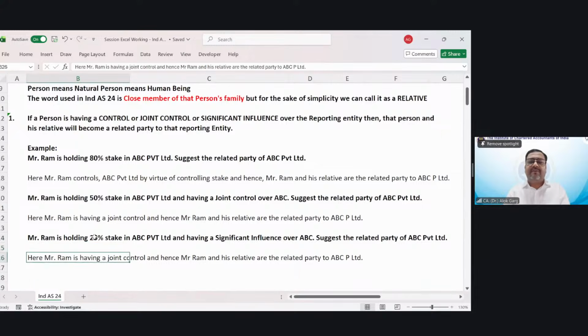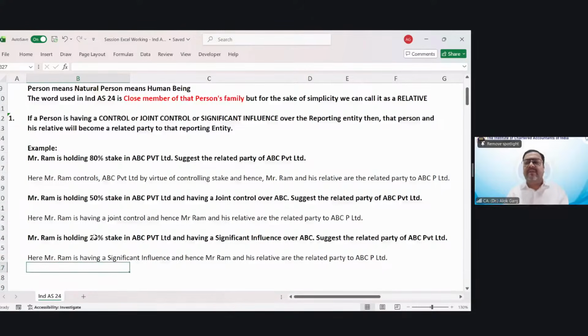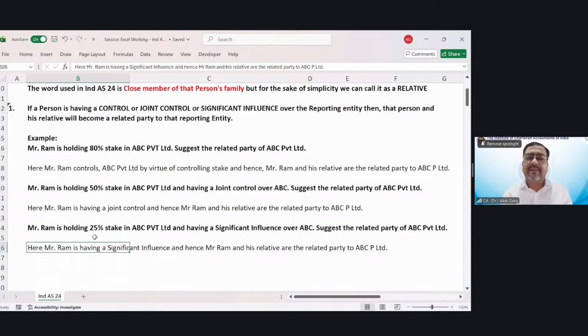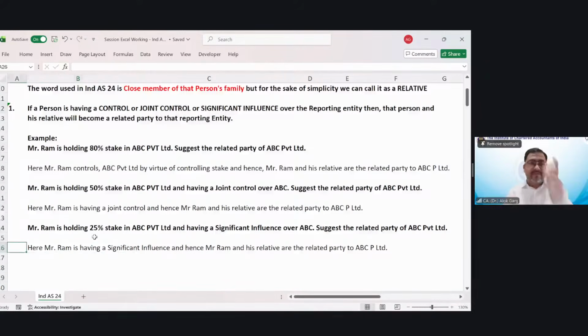Suggest the related party of ABC Private Limited. Here Mr. Ram is having a significant influence, and hence Mr. Ram and his relative are the related party to ABC Private Limited. Okay, right? Is that clear?